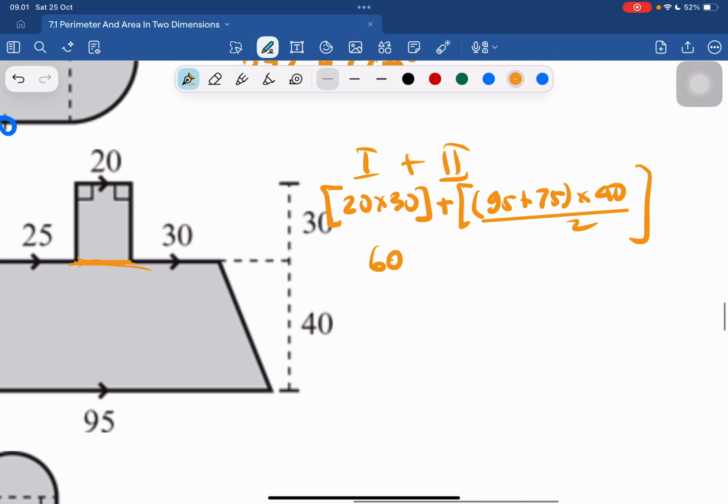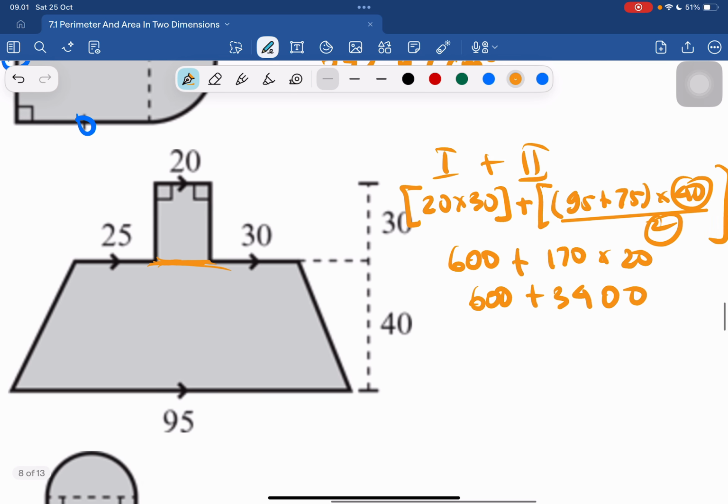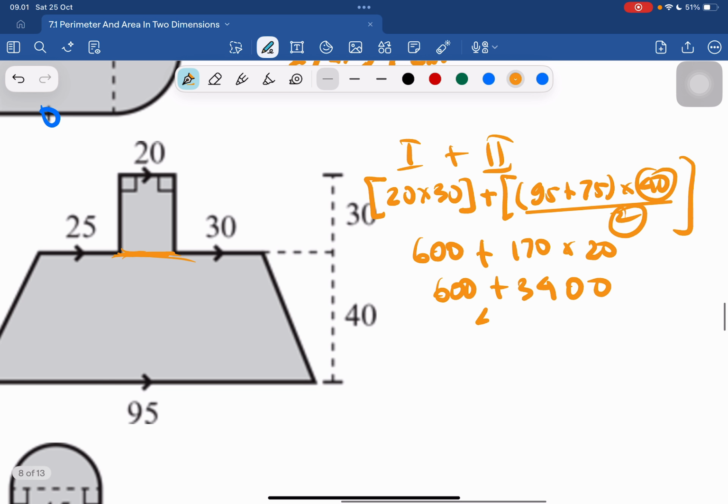So it's gonna be 600 plus 95 plus 75 is gonna be 170, multiplied by this, we simplify, it's gonna be 20. So 600 plus this is 3400. So we plus 340 is gonna be 4,000 centimeter square.